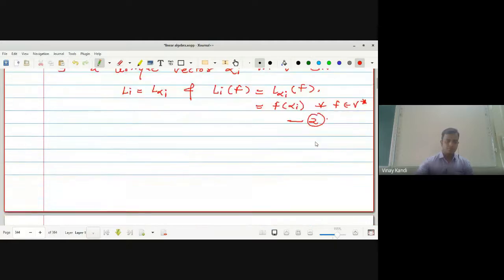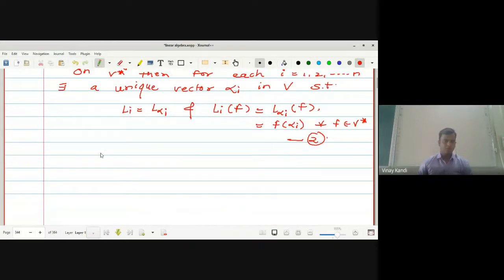So by the previous corollary, for each Li we get alpha i such that Li is equal to L alpha i, and operate this functional on F. All your linear functionals Li are on V star, V star to F. Be careful, there is a chance of confusion between Li and F. And this F is a function on V to F. So what will your input be? Li will take a function as input.